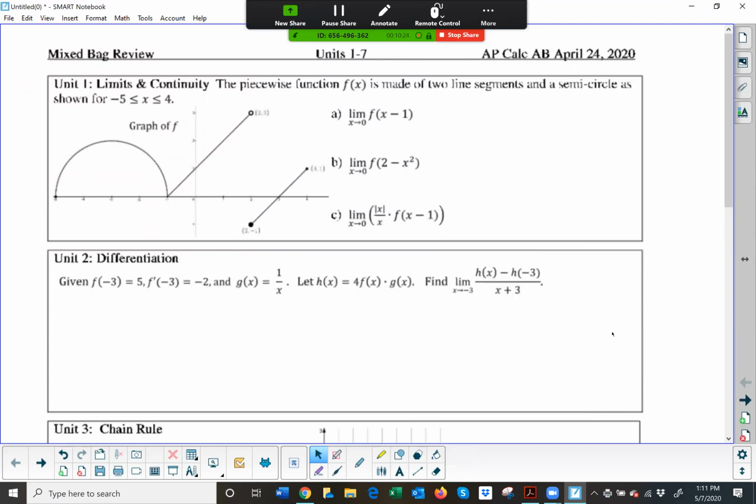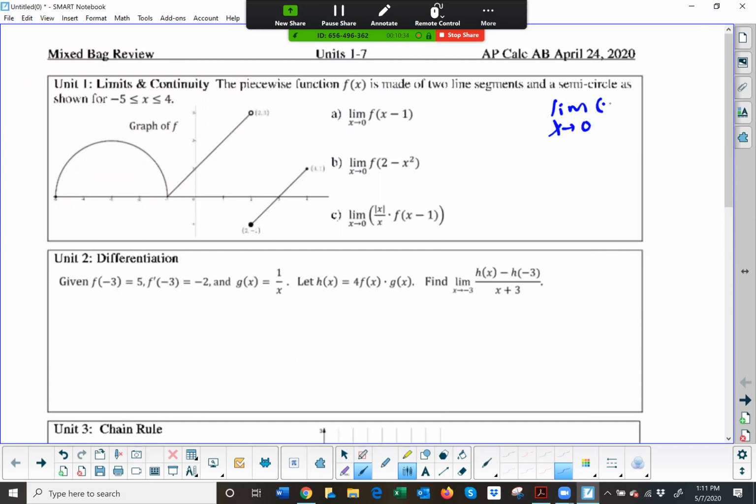Okay, so I'm going to maybe just work off to the side and say the limit as x goes to 0 of x minus 1, the inner function, leads me to -1. And then I'm going to use a little bit of a u substitution.